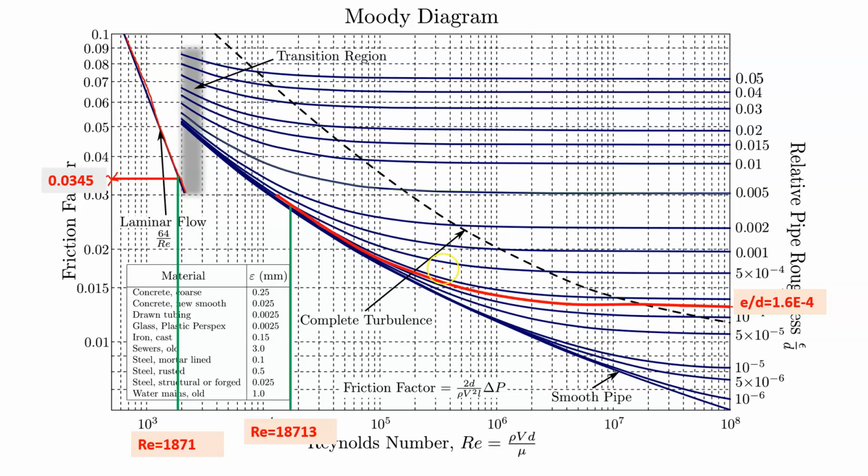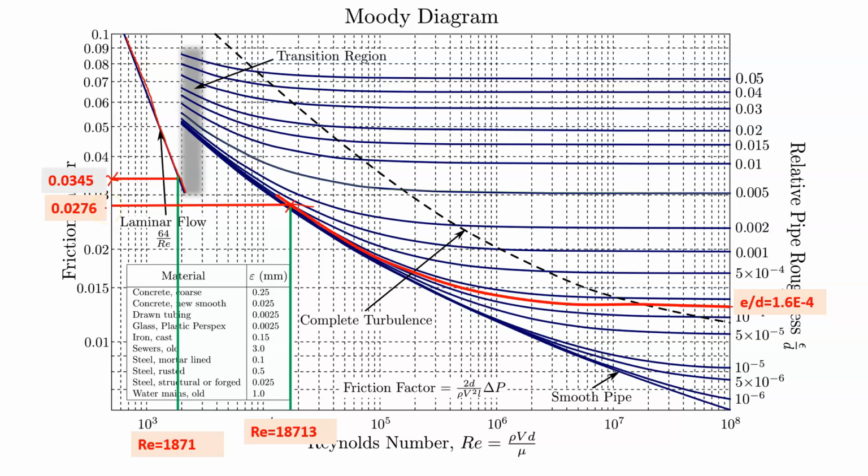I plot the vertical line, and that will cut here. From here, if I draw the horizontal line, that will give my friction factor. For Reynolds number 18713 and epsilon by D of 1.6 into 10 to the power minus 4, the friction factor is 0.0276.